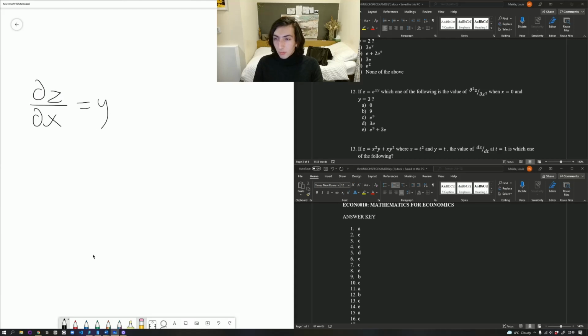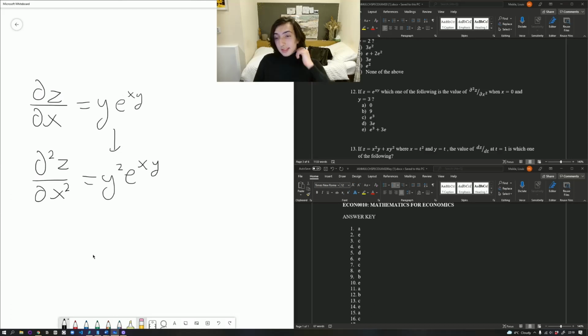So we get y e to the xy for our first one, because moving that out we get a constant times y. Then if we do this again for the second derivative, we get times y again, because e is going to cyclically derive. So you get y squared e to the xy.